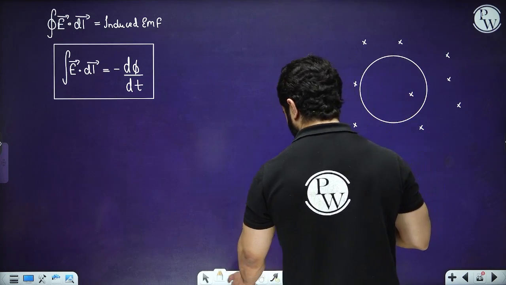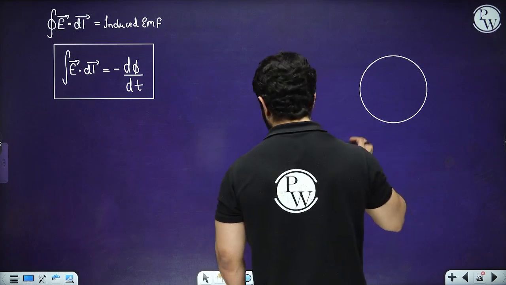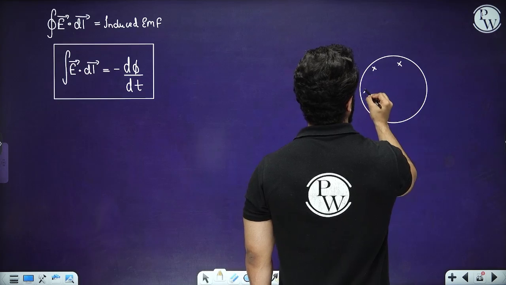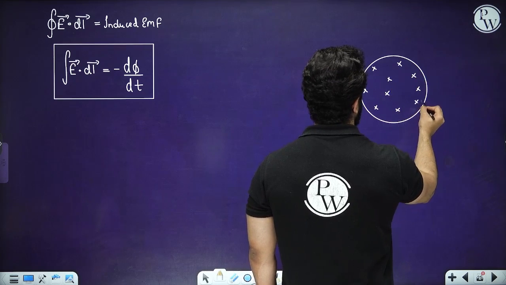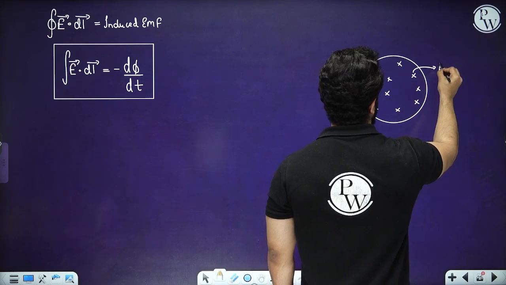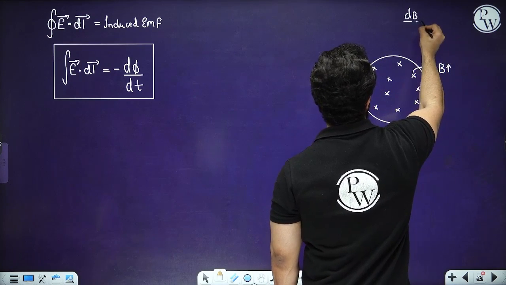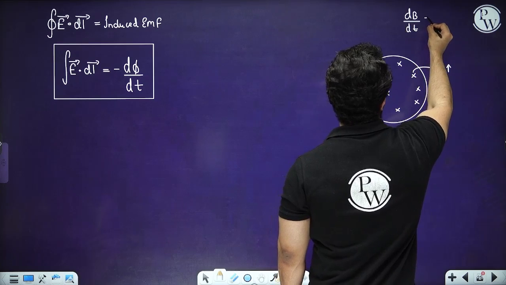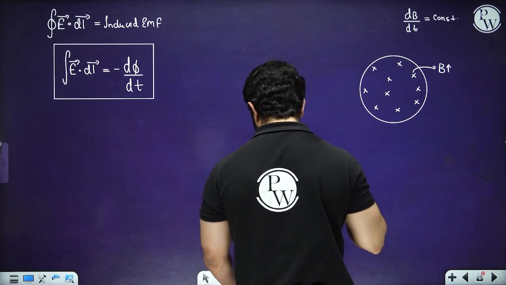Let's say the magnetic field is inside of this thing, and the magnitude of the magnetic field is increasing. So some dB by dt is there, and that is some constant.